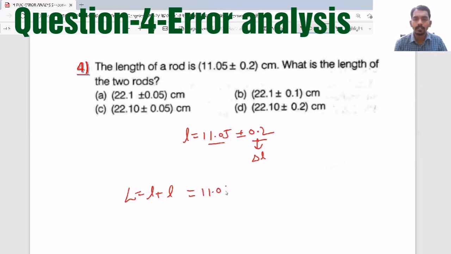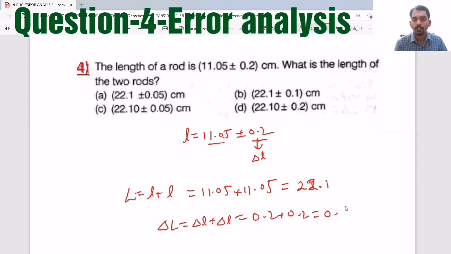What is the value? 11.05 plus 11.05. How much will it become? 23. Sorry, 22.1. Now the error is delta L plus delta L. What is the error? 0.2 plus 0.2. How much? 0.4.